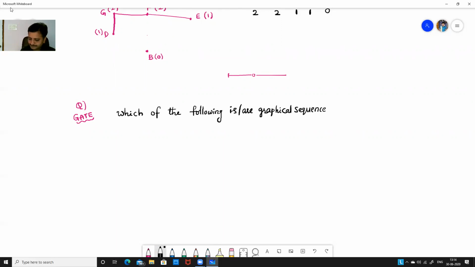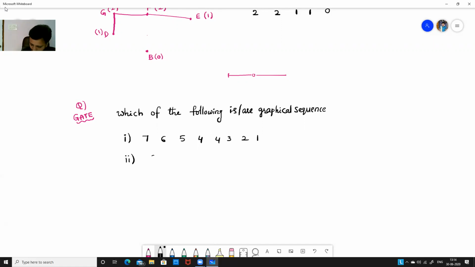They provided four options. I can say they provided four statements. In the first statement, 7654, 7654, 4321. This is the first degree sequence.